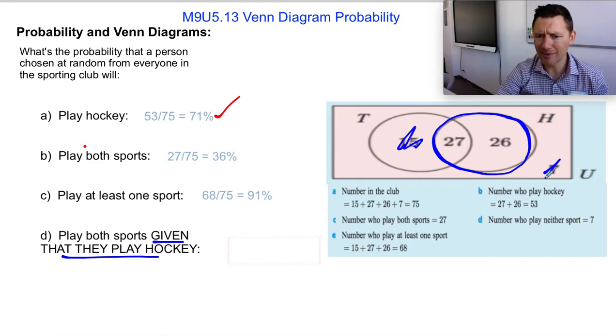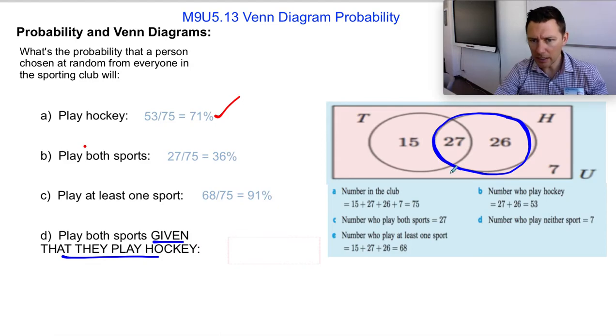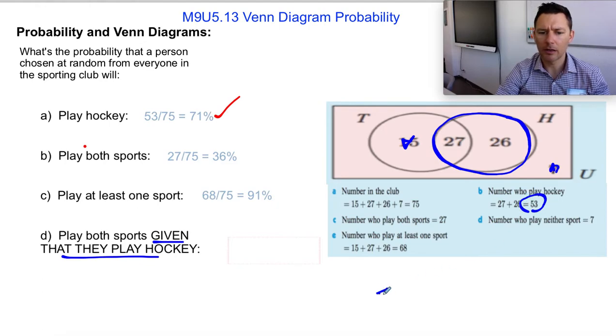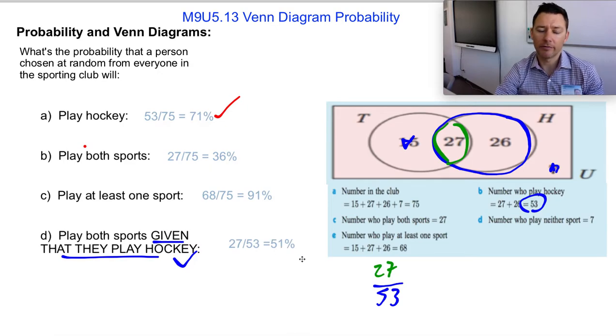I don't care about those. I don't care about those. Given that I'm already looking in here, I know that there's 53 that I'm looking at. There's 53 that play hockey. That's given. And out of those 53, oh, hey, 27 play both. So 27 out of 53, 51%. Cool? All right.